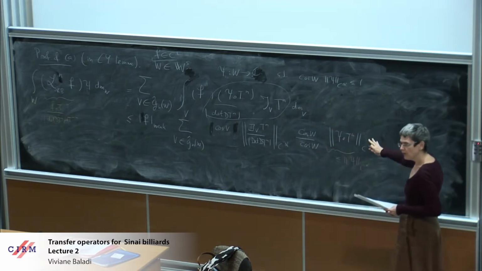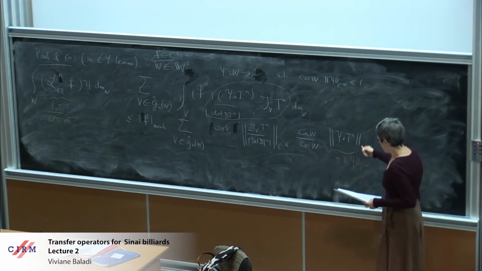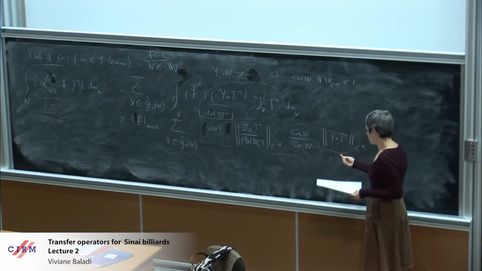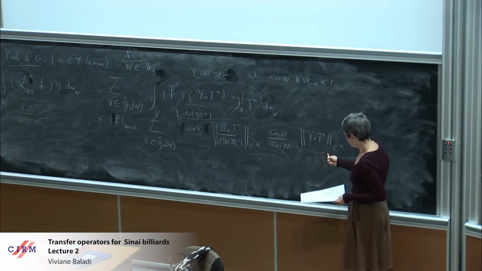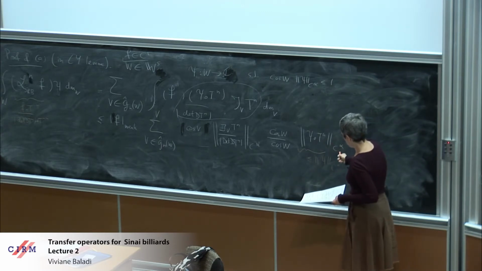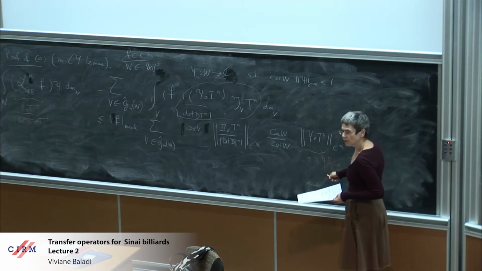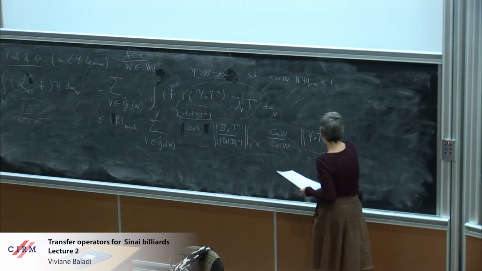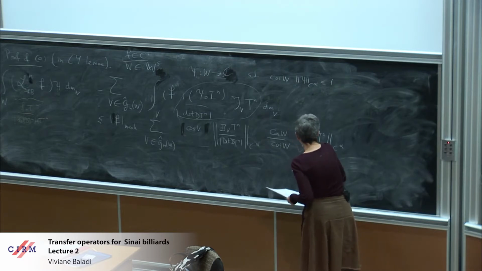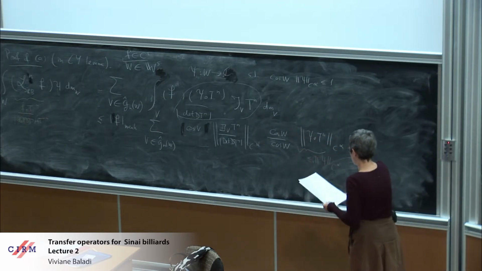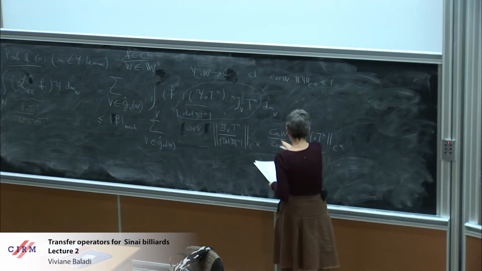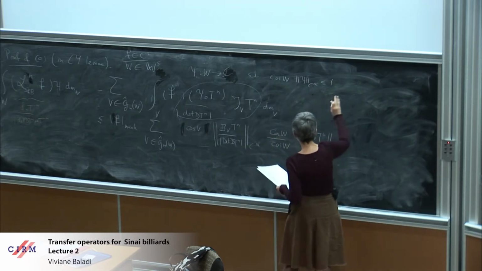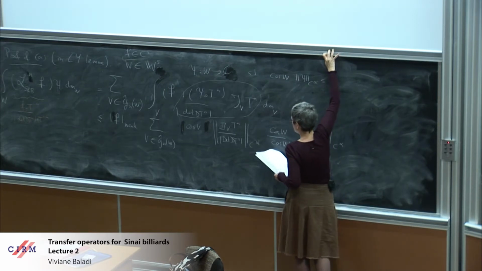I don't use hyperbolicity very strongly. I just use that, well, I use hyperbolicity, but I get a rough estimate out of it. I just notice that when I compose with a contraction, the Hölder norm does not increase. Maybe there's a constant here, C. Doesn't matter. Okay? And this, when I multiply it by W, it's bounded by 1, so I can just remove it.